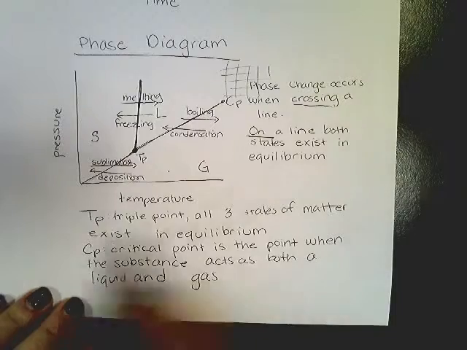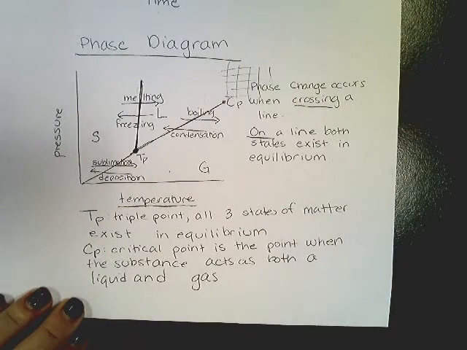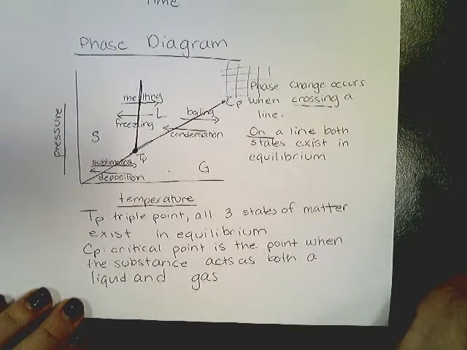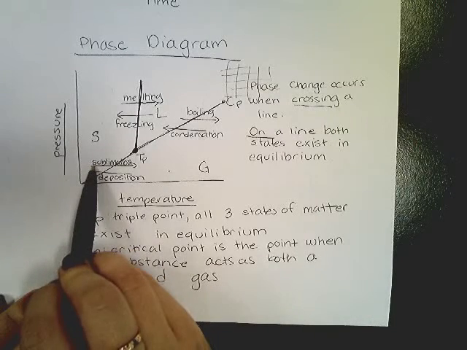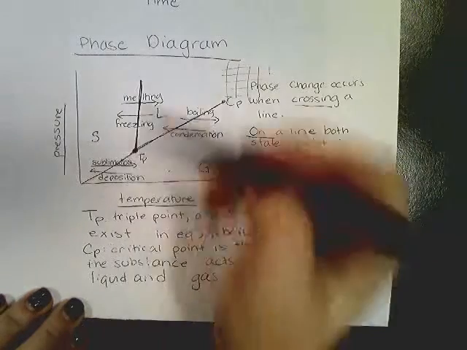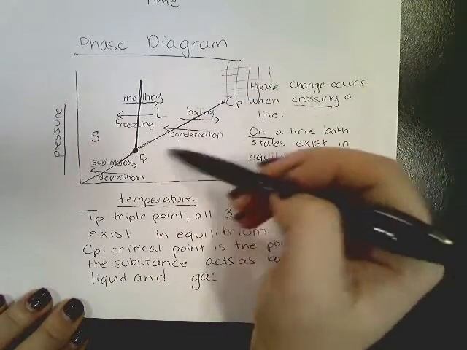So a review, our axes are temperature on the x-axis, pressure on the y-axis. Going across a line is a phase change. Each region of the graph is a different state of matter.